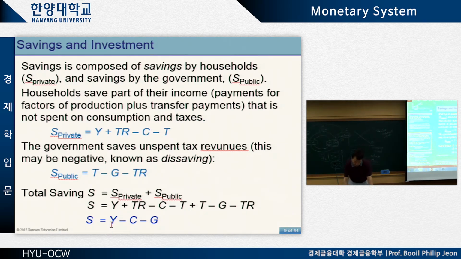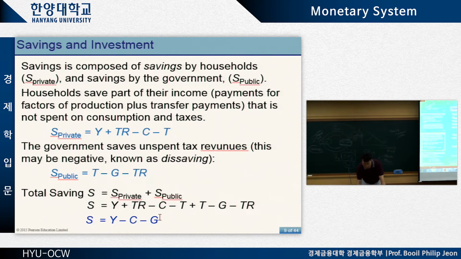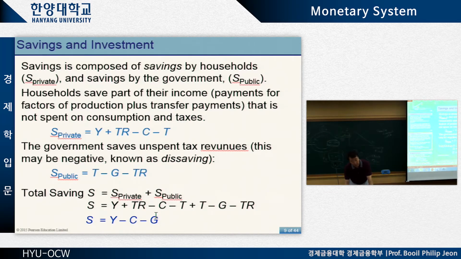So all this TR and T, the sources are simply income, right? So when you look at the entire economy, the only real source of income is Y, which is the payment for resources, right? And out of that payment, you subtract the consumption, which is the spending of the households, and also G, the spending of the government. Right? But again, this G comes out of tax money. Right? So total saving is Y minus C minus G.